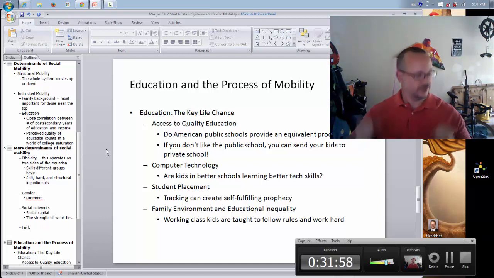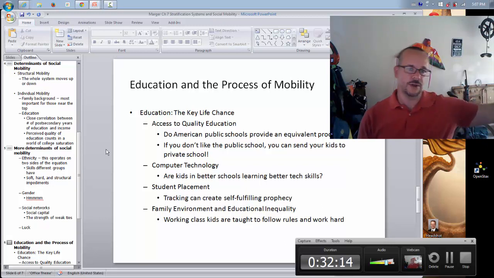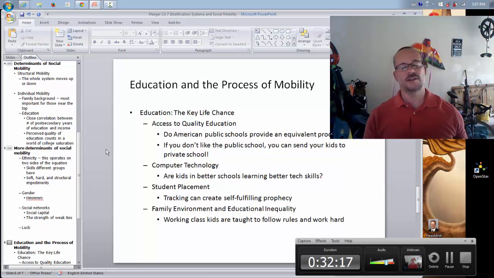So even though education is one of the key things to get you or your kids launched into life, whether or not you can afford a good private school, or whether or not you can afford to buy into a good housing district, has tremendous effects on your children, right? And we all know how important this is, so we play that game. But in terms of stratification, you understand how important it is, or you wouldn't be sending your kid to the best school you can possibly afford.